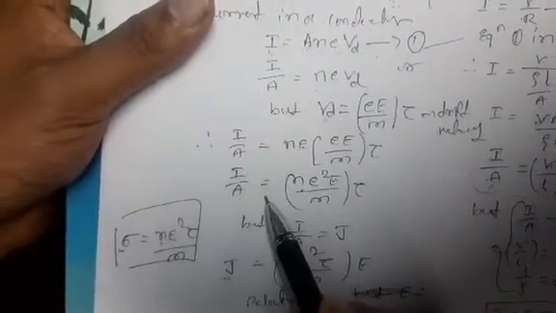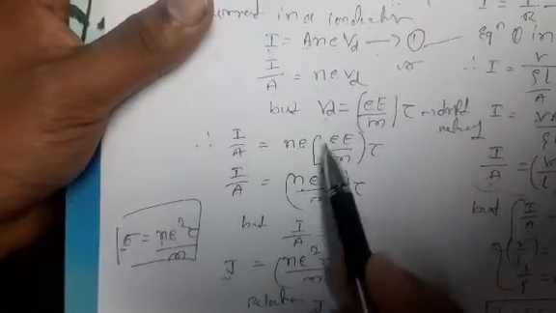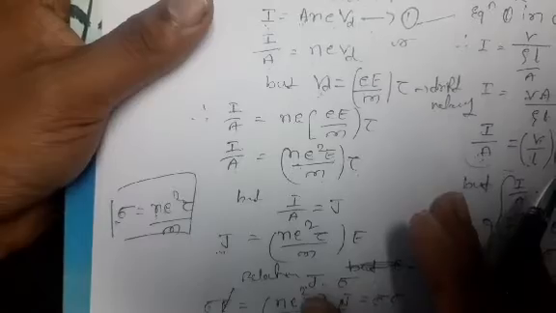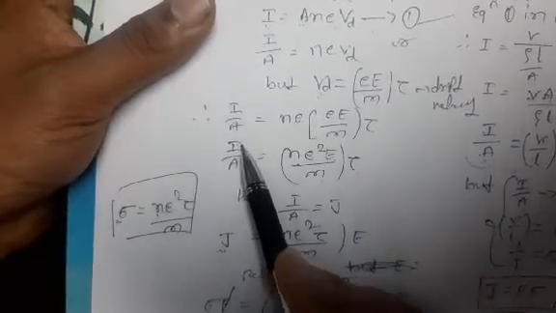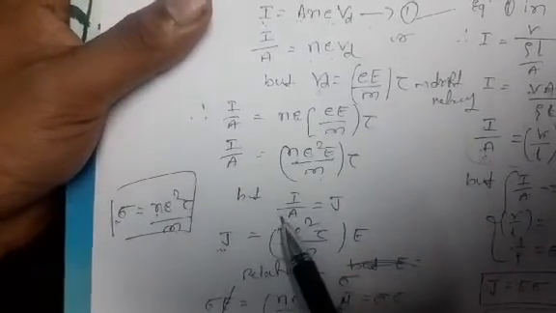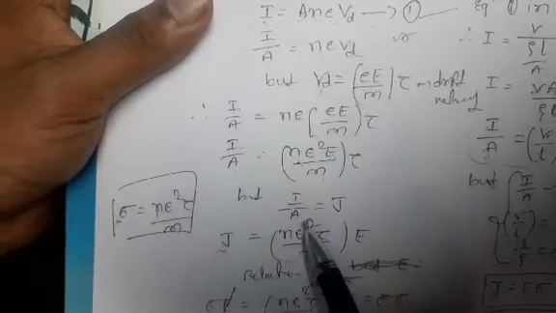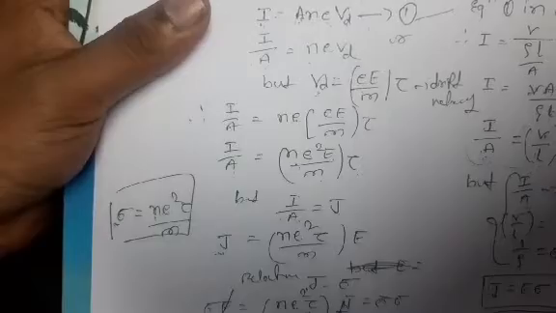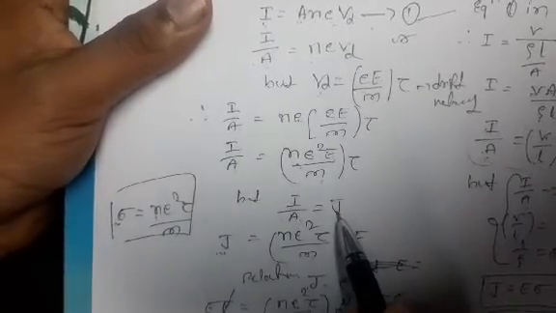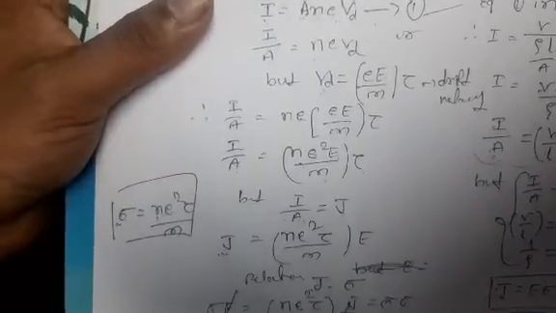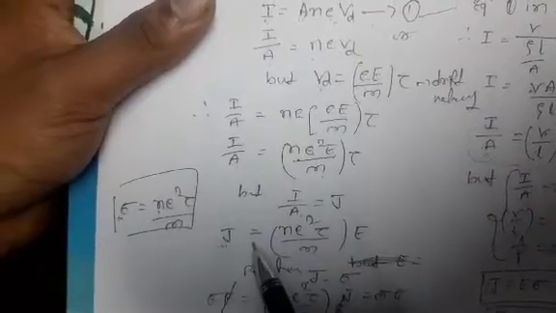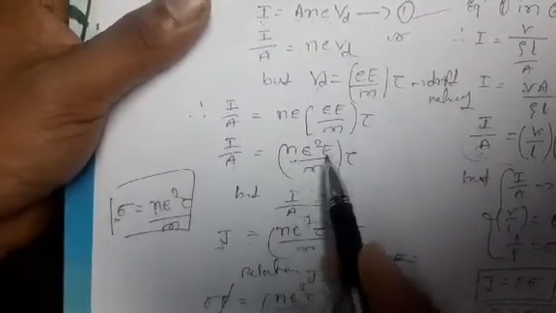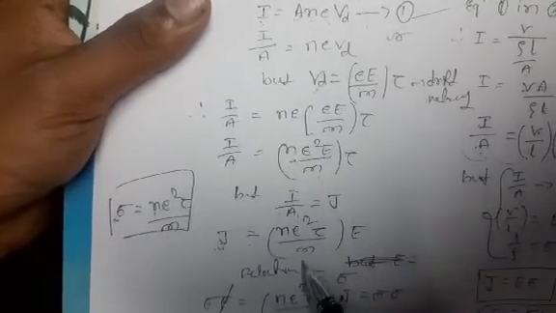The current acting per unit area is called the current density. J is the current density, that is J is equal to N e squared tau, with tau taken inside and the electric field taken outside, divided by m.